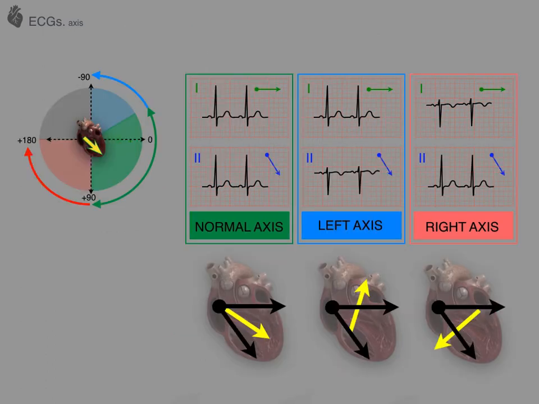In reality, however, most medical students simply learn this by examining leads 1 and 2 and learning that if you go up in 1 and up in 2, it's a normal axis. If you go up in 1 and down in 2, it's a left axis. And if you go down in 1 and up in 2, it's a right axis. This is an oversimplified version, really, but in most scenarios, for your purposes, it may serve you well enough.